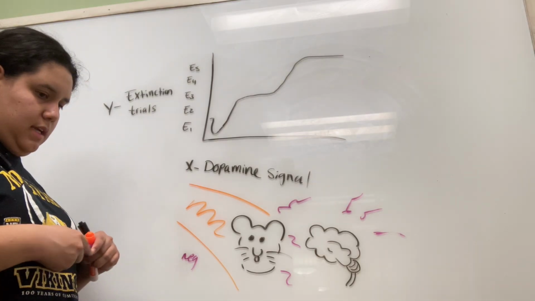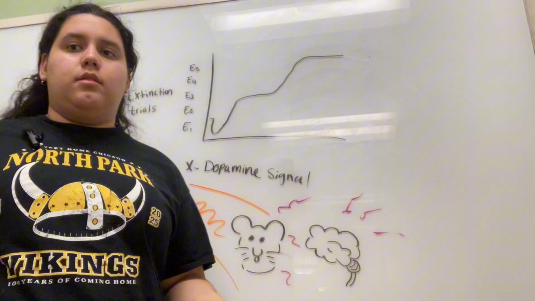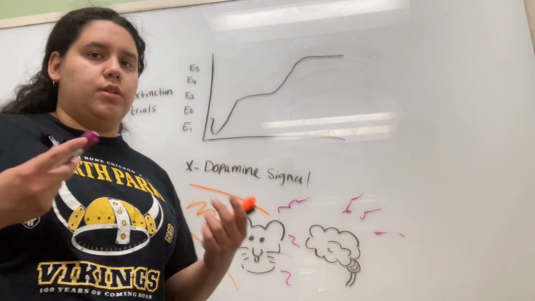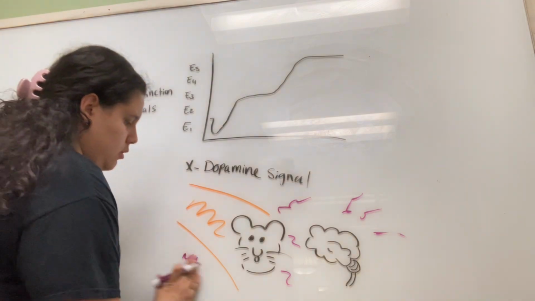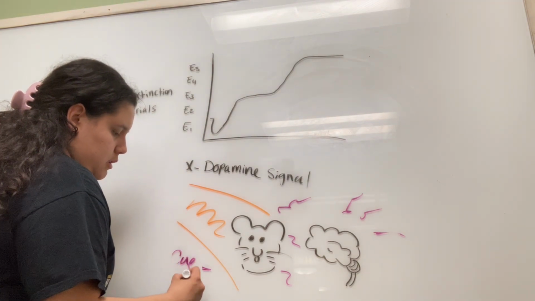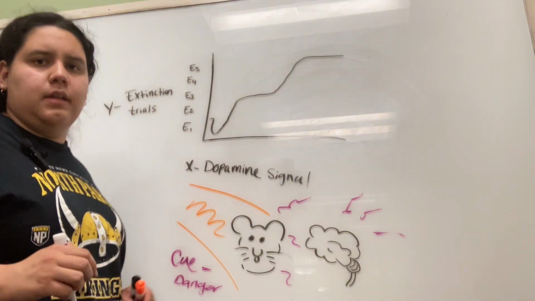The scientists were giving a negative cue to the mouse, so it learned to be fearful. So the brain forms an association: the cue equals danger. So we shall put right here, cue equals danger.